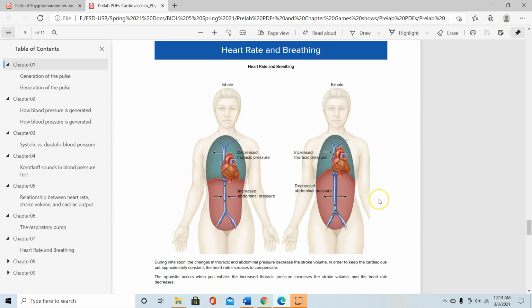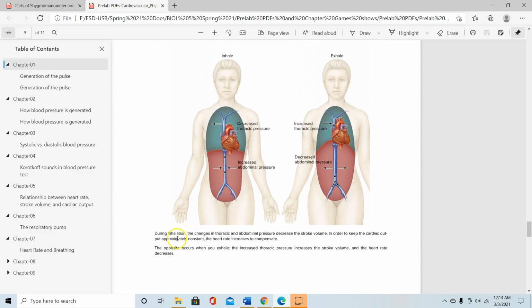Heart rate and breathing. During inhalation, the change in the thoracic and abdominal pressure decreases the stroke volume, as we know. In order to keep the cardiac output approximately constant, the heart rate increases to compensate.